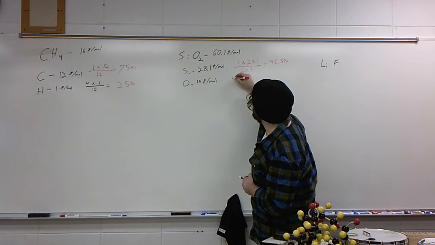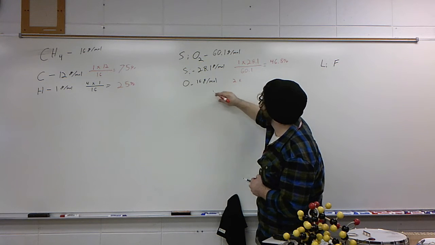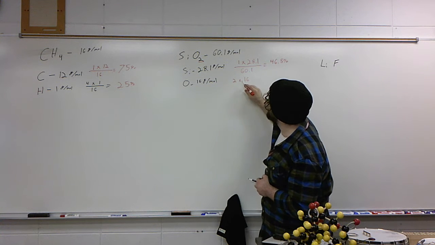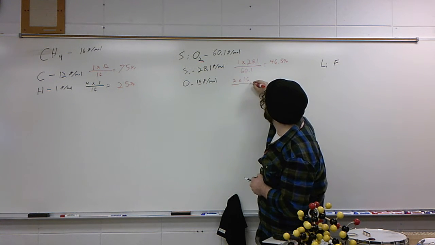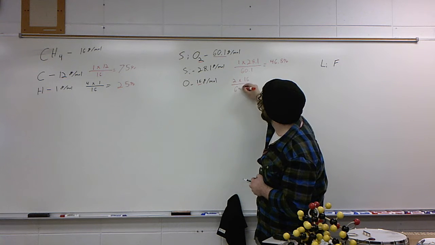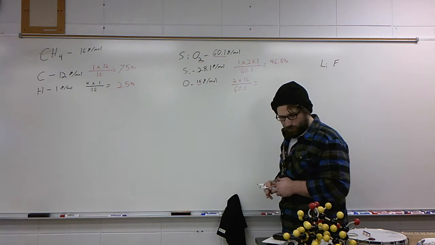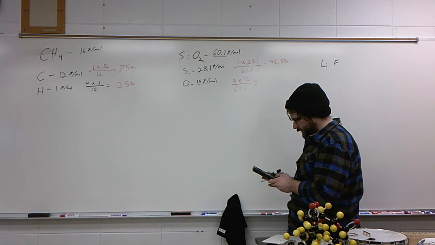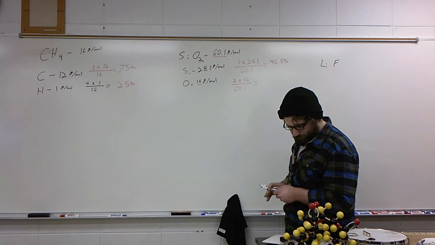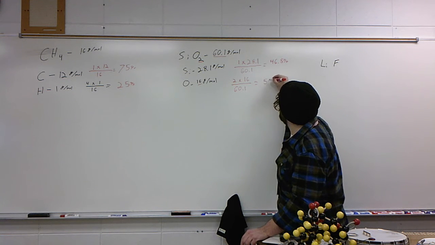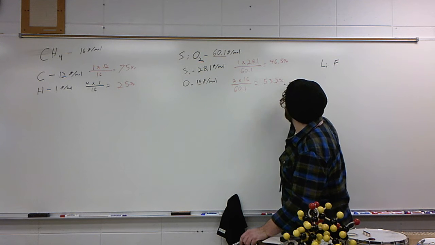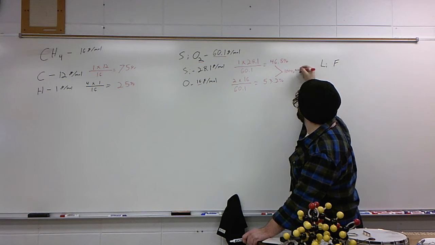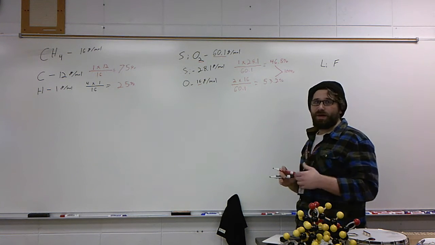Then let's do the same thing for oxygen. That's going to be 2 times 16, because there's 2 oxygens here, divided by that total molar mass again, 60.1. Then let's punch that in. 2 times 16 divided by 60.1 gives me 53.2. Now that should make sense because these two together make 100%. Should work out to be that value, okay?